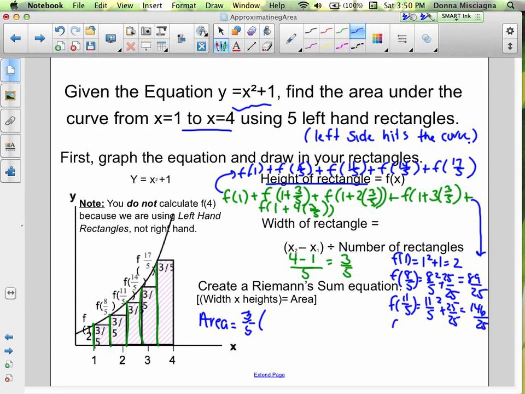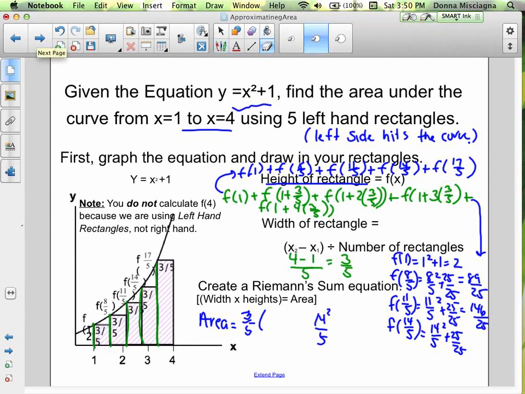And then we have f of 14/5. I know it's not 13/5. So we'd have 14/5 squared plus 25/25. When we square that, I'll just write the answer: 196/25 plus 25/25 is going to be 221/25.